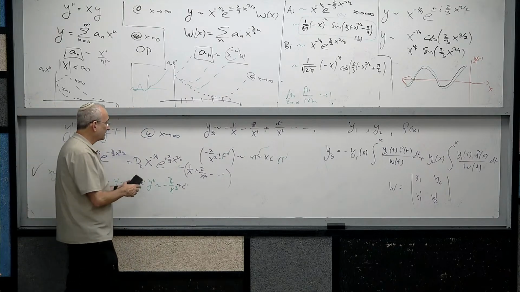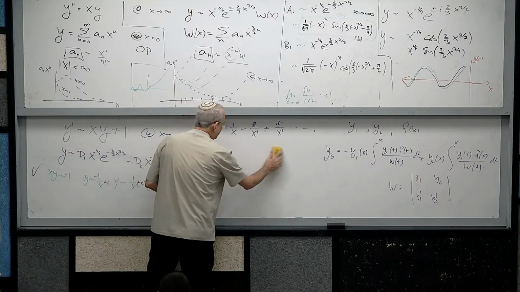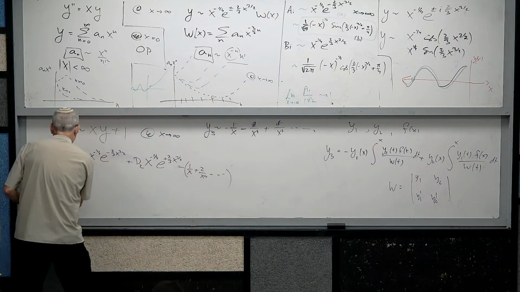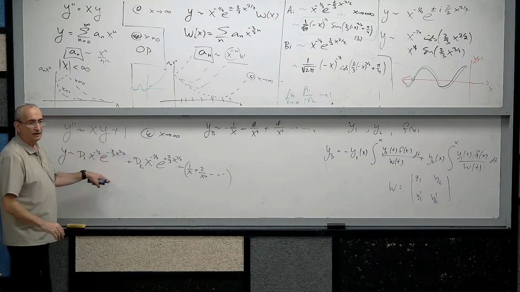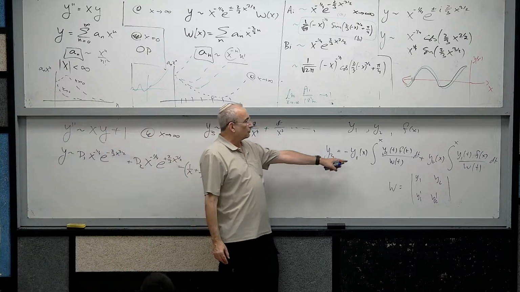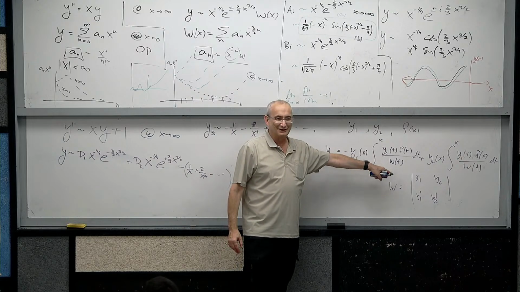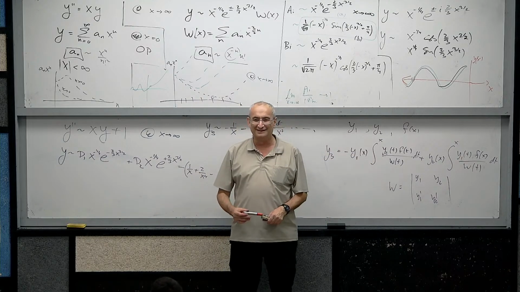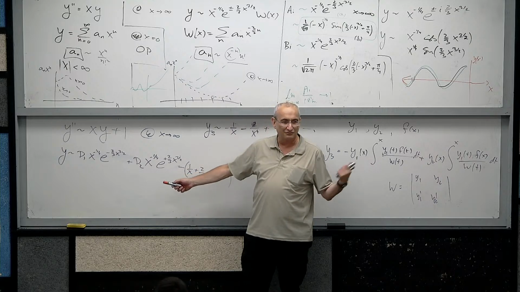This is the asymptotic solution for the inhomogeneous equation, and you have to try to do that once in order to convince yourself that it's infinitely easier to derive this than to derive that.